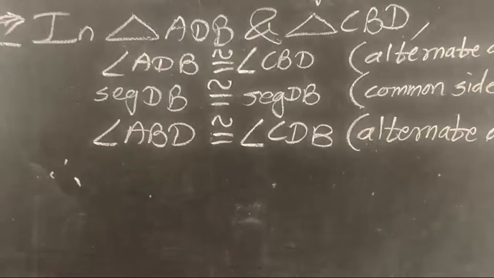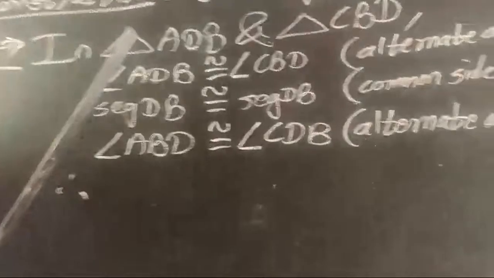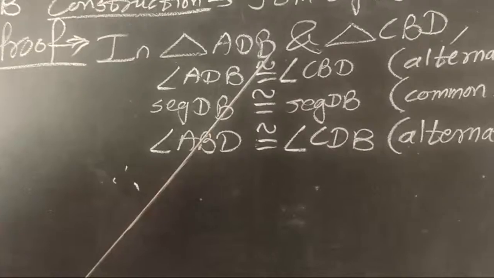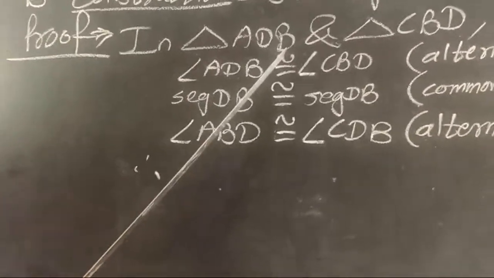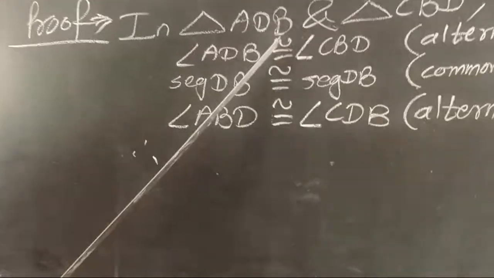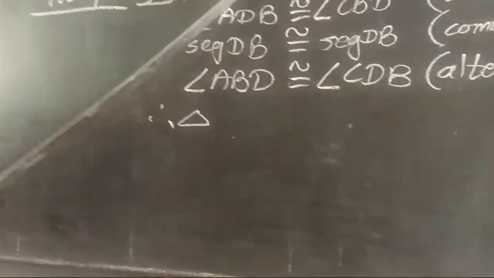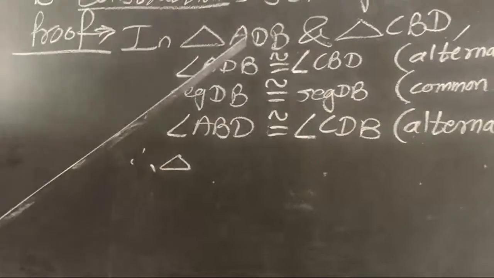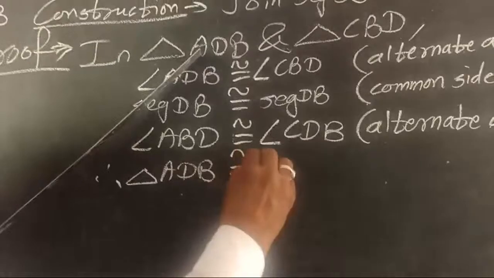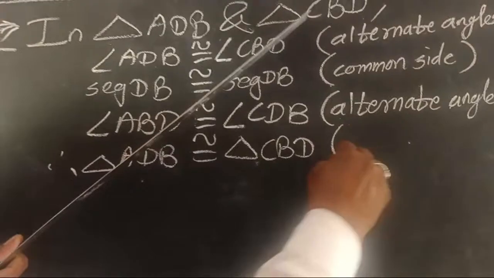Triangle ADB is present here. Don't put pressure on your brain, because the names are already present. Tell here: triangle ADB congruent to triangle CBD. Good.